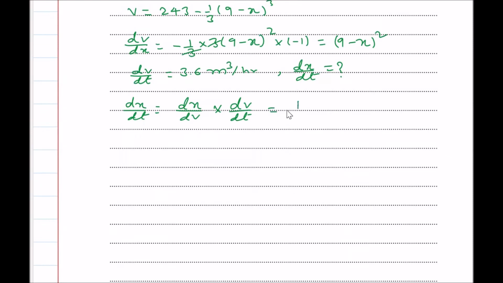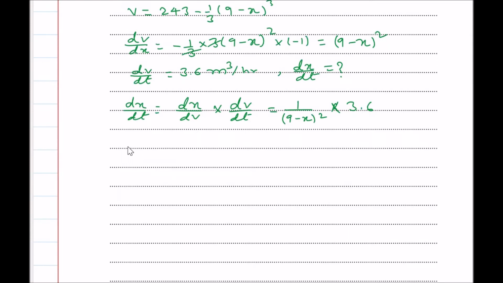So dx by dv will be 1 by 9 minus x square, that is the reciprocal of 9 minus x square, into dv by dt. dv by dt is 3.6, we have already written there. So we got this.